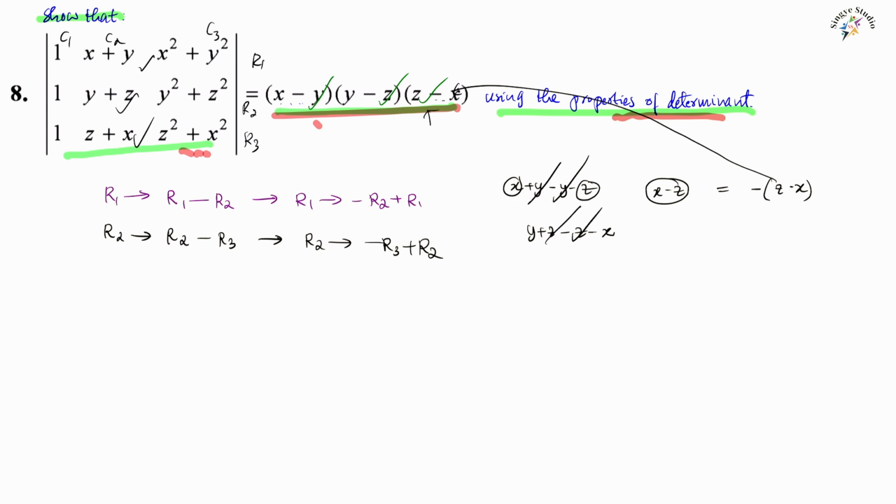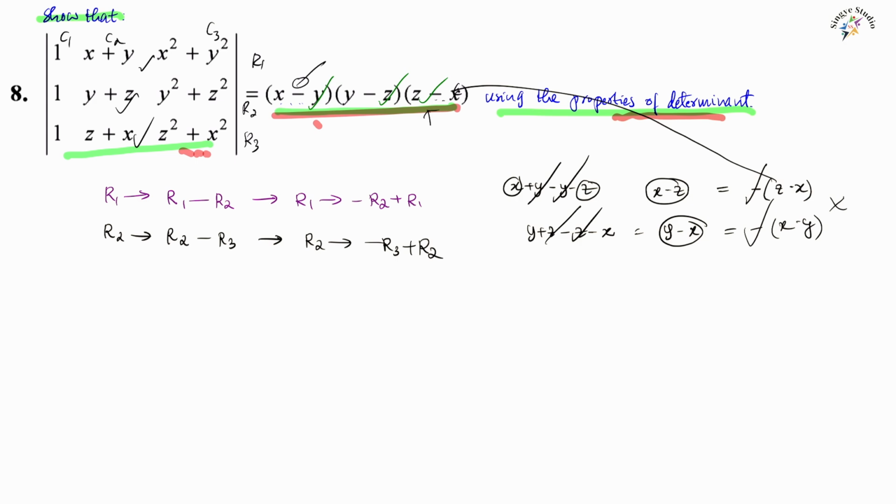So z will get cancelled, and I will get y minus x, right? Here I have x minus y. So how can I change this? As before, minus of x minus y, such that when I multiply, this negative will turn to positive and we will get the factors, okay?